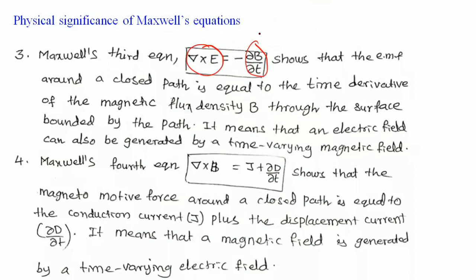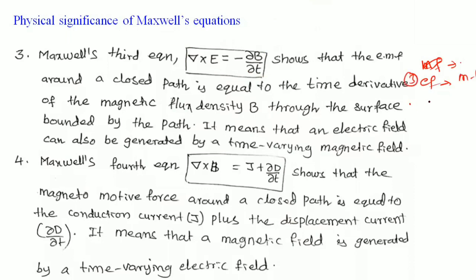The changing electric field produces a changing magnetic field, and also the changing magnetic field produces a changing electric field. So what I am saying, the magnetic field generates electric field. This is the third equation.